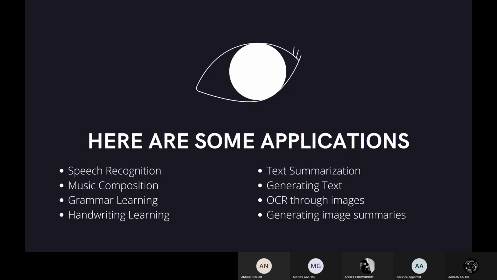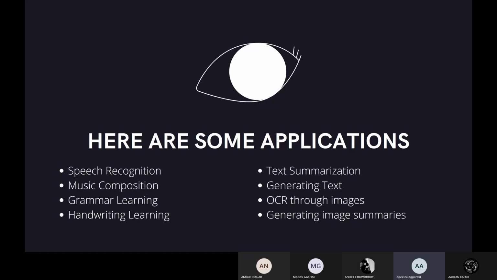We could also upload images of handwritten pages and notebooks and make the model learn it, so it can recognize and learn our handwriting, not only understand it as in an OCR, but also replicate it. We can do text summarization, which means that given a long paragraph or a long stream of data, we can summarize it in a couple of lines in a short format.